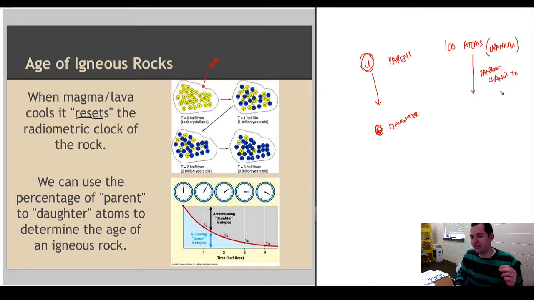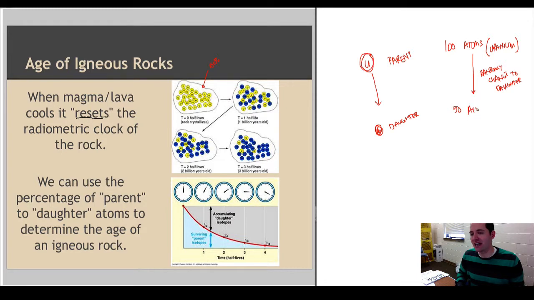So if we are watching one individual atom, we can't predict when that one individual atom will change into the daughter. But if we're looking at a large number of those atoms, and a large number would generally be more than 100, but 100 is an easy number for us to work with, we can watch for what we call the half-life, and that's the amount of time it takes for half, so in this case 50 of those atoms, to become daughter atoms.